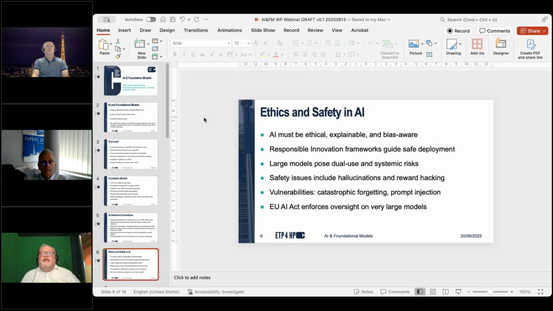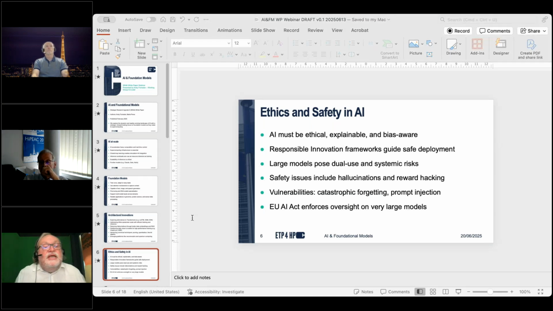One thing that is very high on the political and public agenda is ethics and safety in artificial intelligence. And to a substantial degree, the implementation of the EU AI Act addresses the compound risks that introducing ethics and safety produce.